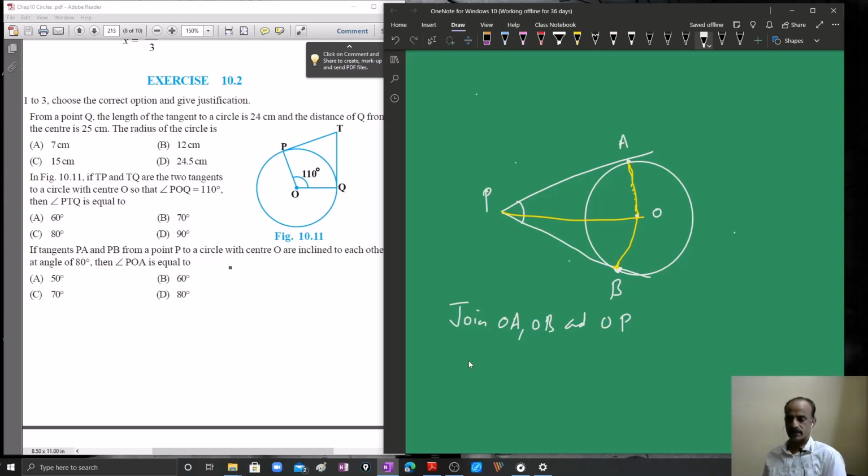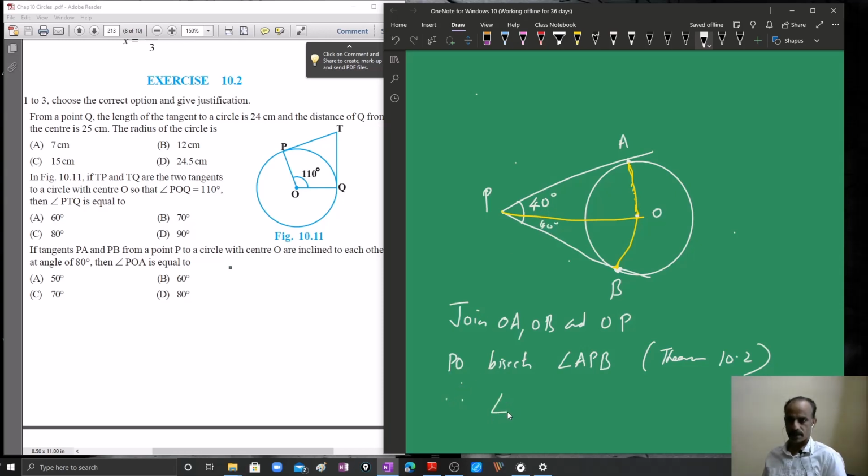In theorem 10.1, sorry, 10.2, we have seen that PO bisects angle APB. Reason: theorem 10.2. It's the fallout of that. So this angle is actually equal to 40 degrees and this angle is also equal to 40 degrees.